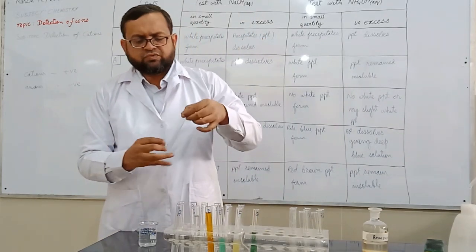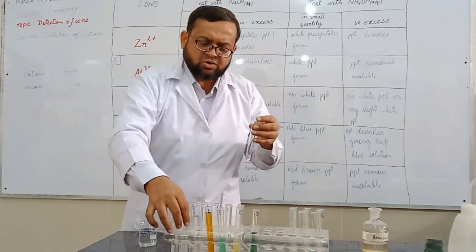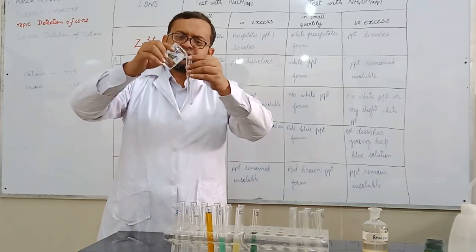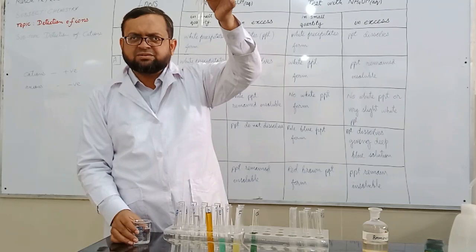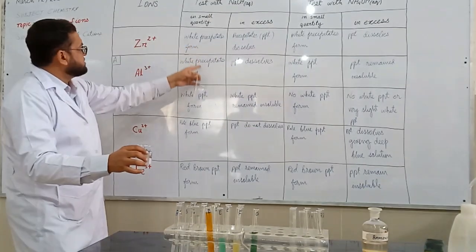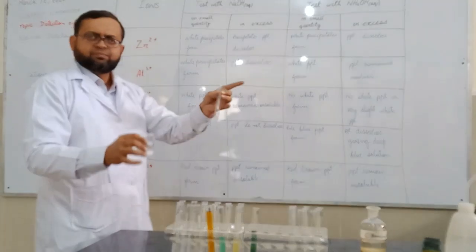So first we will check again with a small quantity of sodium hydroxide. Oh, white precipitate. Again we are still confused whether it is zinc, aluminum, or calcium.